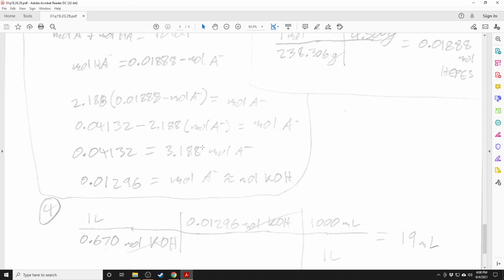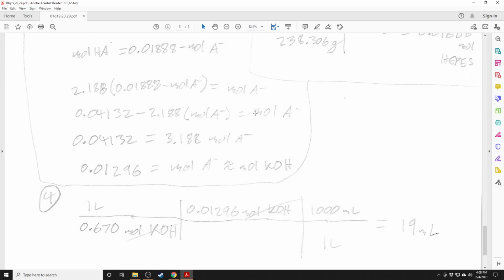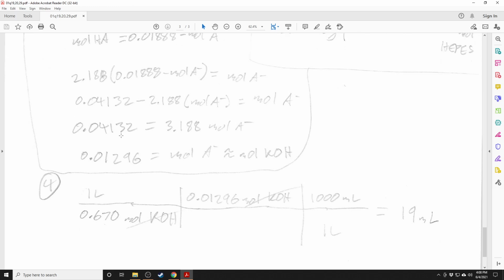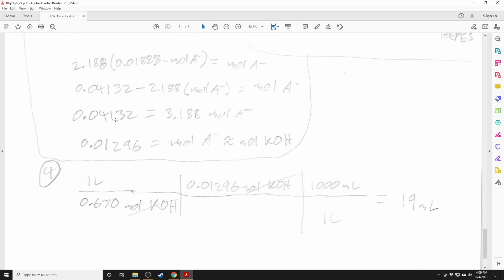I then add over this number, and so that's 1 here, that's 2 here, that's 3 then down here, and I still have that same number on the left. To get moles of A minus on its own, I go ahead and divide over 3.188. So 0.04 divided by 3.188 is this number here. That is my moles of A minus.